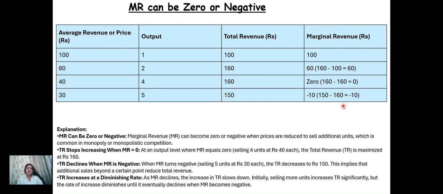When output is 5 and marginal revenue is minus 10, total revenue is 150. We have to see that TR is increasing while MR is declining. So basically this identifies monopolistic competition and monopoly.